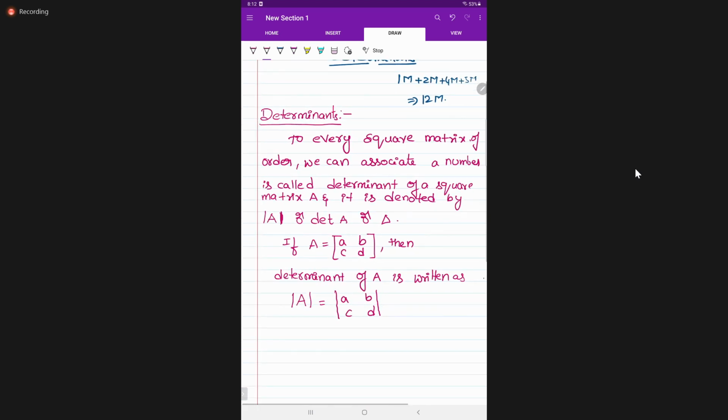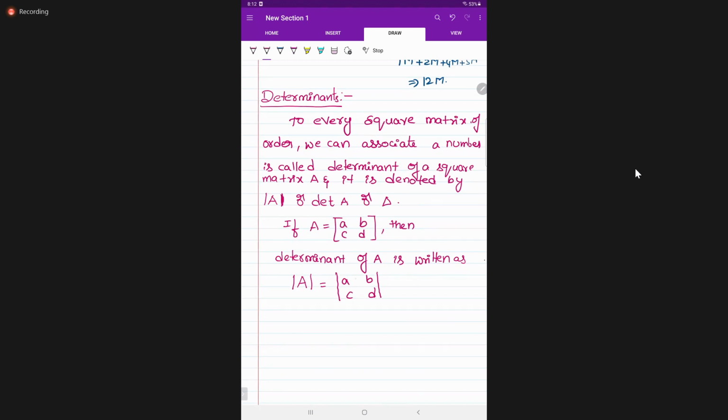First multiply downwards, AD. In the middle it is always minus. Then multiply upwards. Students, understood? Cross multiplication. First multiply downwards, put minus in the middle, next multiply upwards. So AD minus CB.